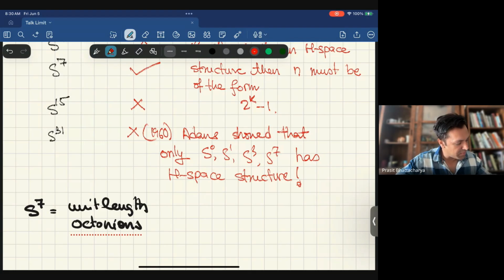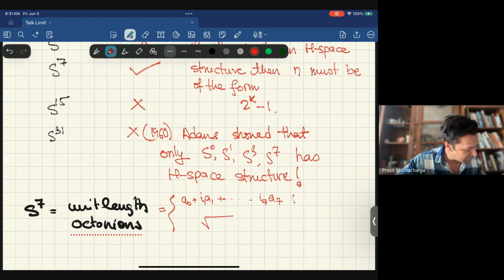You can write down very precisely that these are like A0 plus i times A1 plus j, k, l, up to A7. Maybe just write i1 up to i7, such that they are of unit length.